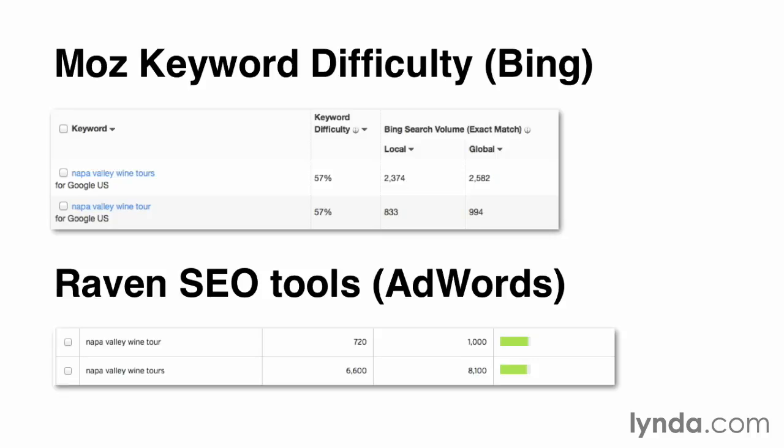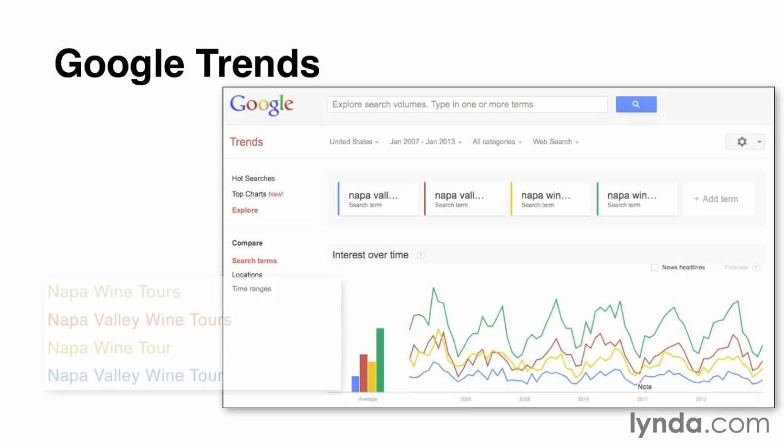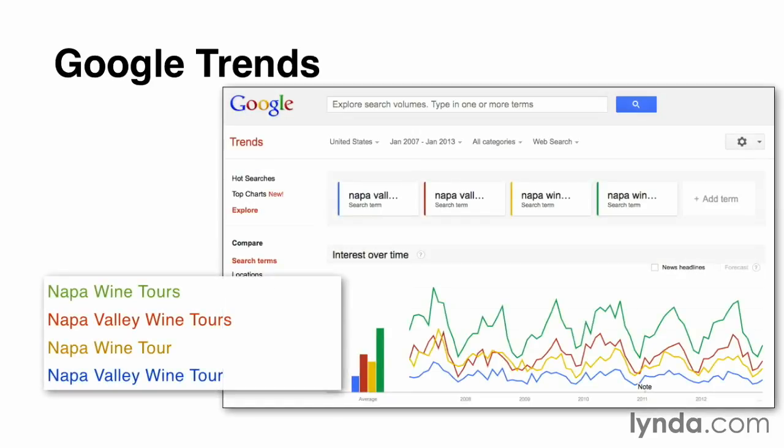Now let's add one more dimension, and that's Google Trends. Google Trends is interesting because it not only shows you which keywords are searched on the most, but it allows you to look in relation to other terms, and it allows you to look at that third dimension of time. Over time, what are the trends that this keyword experiences?